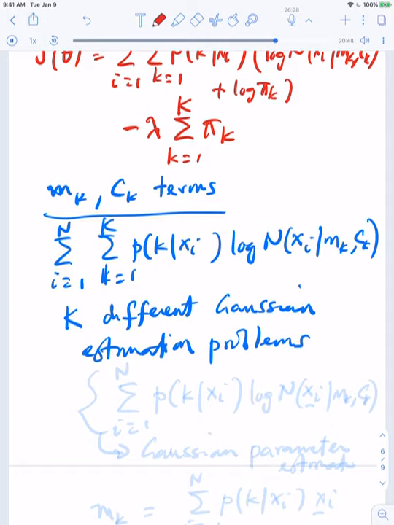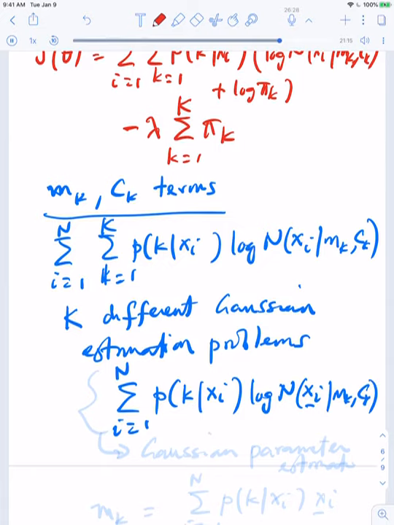So, what's the kth problem? I'm interchanging the summation there. The kth problem is summation i equals 1 to n, and now you have different weights for the different examples, but you basically have the same form as before.